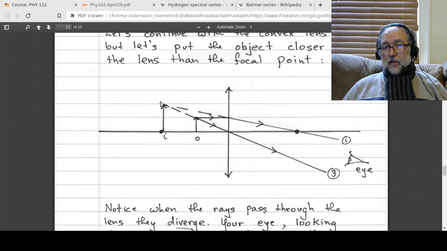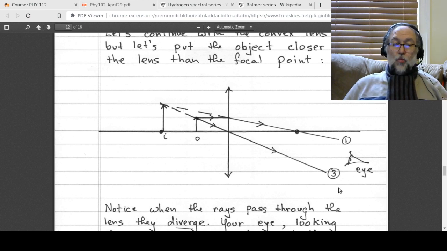That's what my dashed lines are. Dash, dash, dash, dash, dash, for somewhere back here. Okay? So ray 3 seems to be coming from back there like that. Ray 1, if you just draw it back, seems to be coming from here. Dash, dash, dash, dash, dash there. And these 2 dashed lines, that's where ray 1 seems to be coming from and where ray 3 seems to be coming from. They both seem to be coming from this point right there.